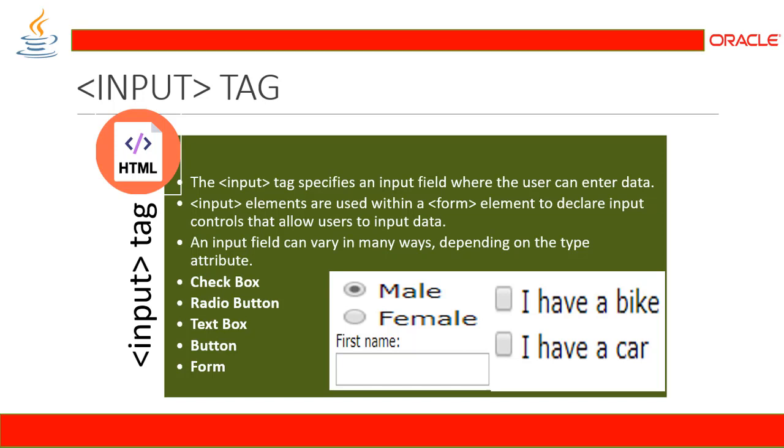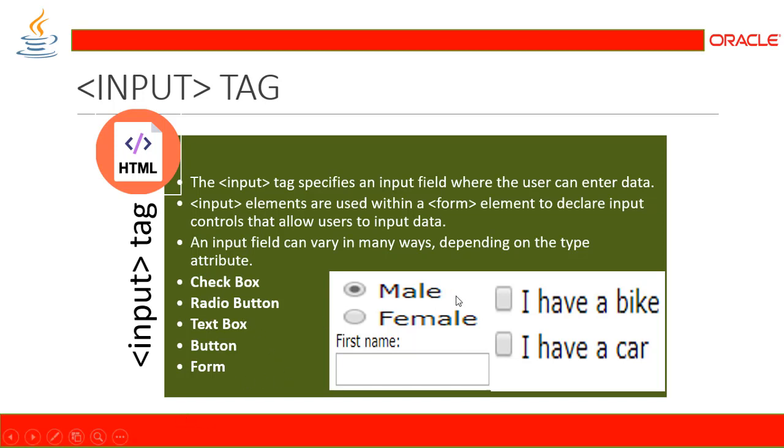Some places have an online exam tool with multiple choice questions where you have to select one answer. That's the place we use radio buttons. Mostly we use it for gender questions, so male or female. This is one type of input.